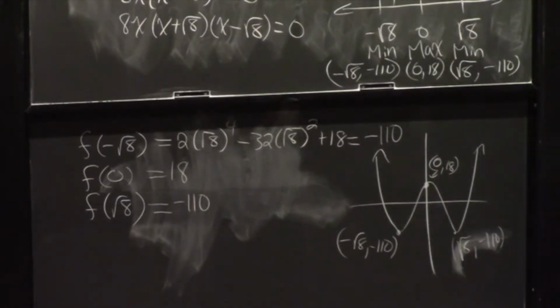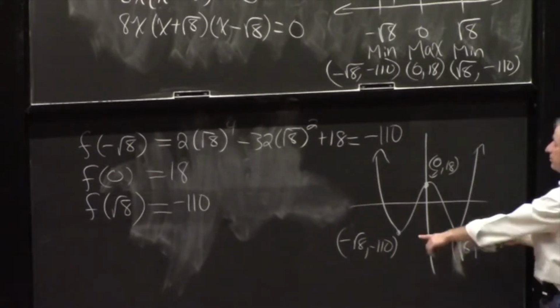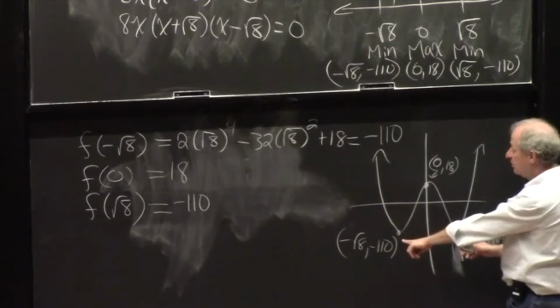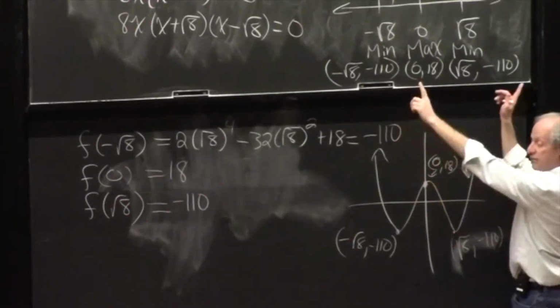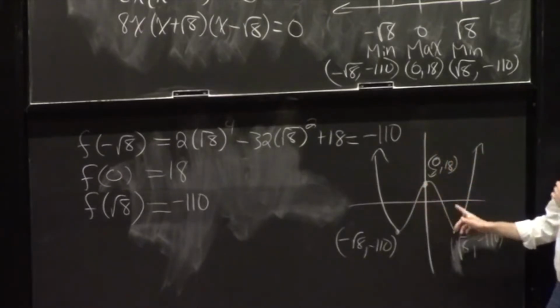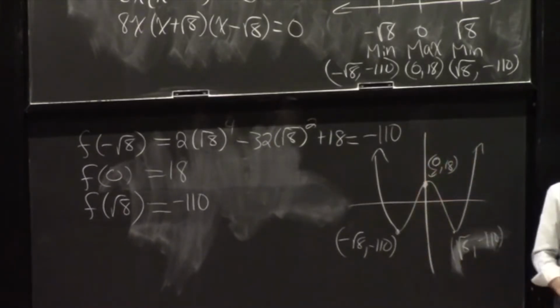You just want to make sure that we can understand what you're doing when you label these. So these are absolute minimums. They're the absolute lowest that the curve goes. This is not. This is a relative maximum because the curve goes higher on either end. But in this area, locally, it's a maximum.